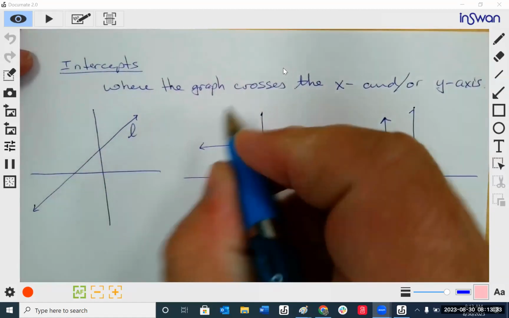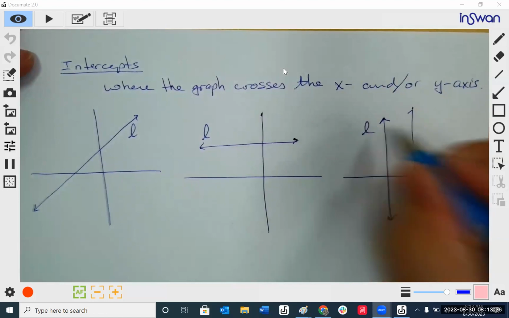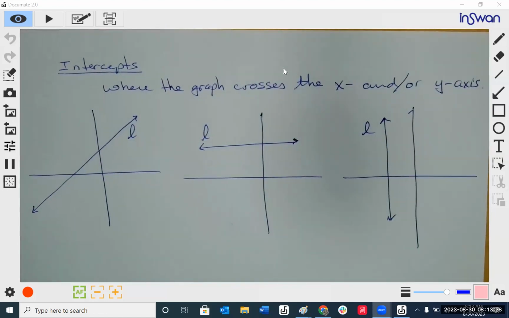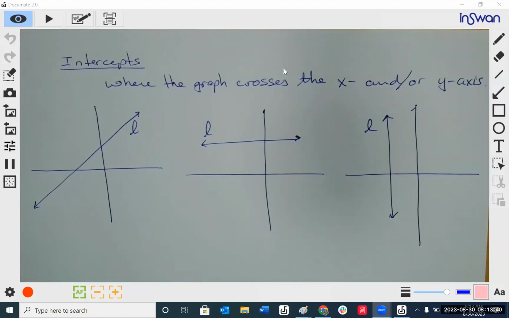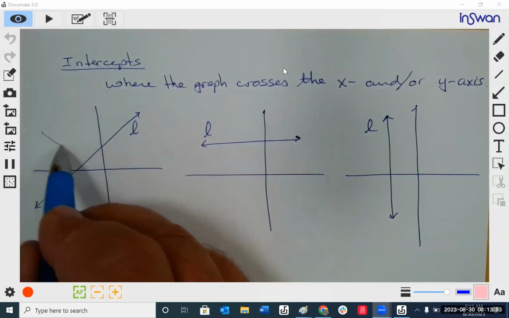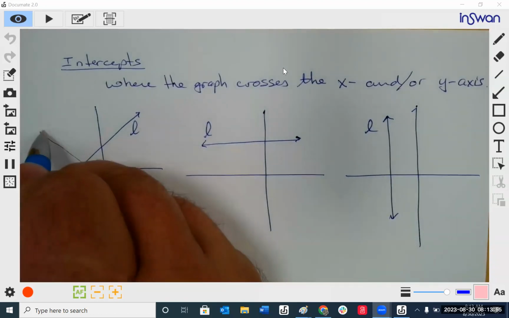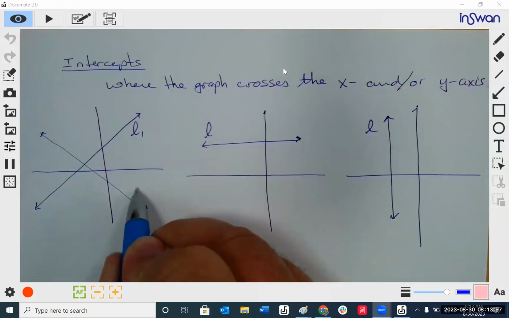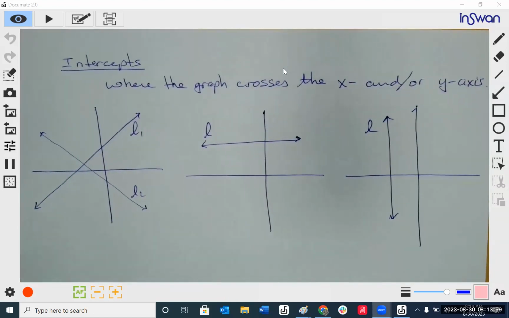This is the line, this is the line, and this is the line I'm talking about. Okay, the first one, it could be positive or it could be negative. It could be either one of those. This is line 1, this is line 2. Basically, what I'm saying is they just have a definite slope.